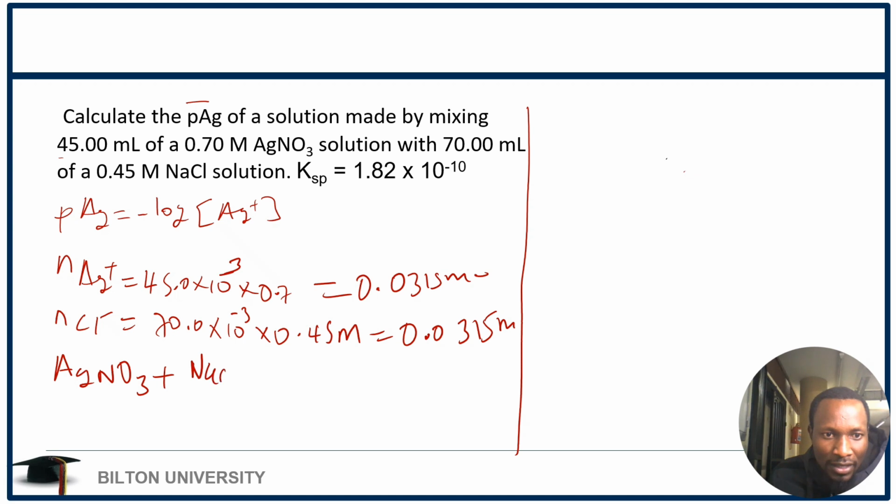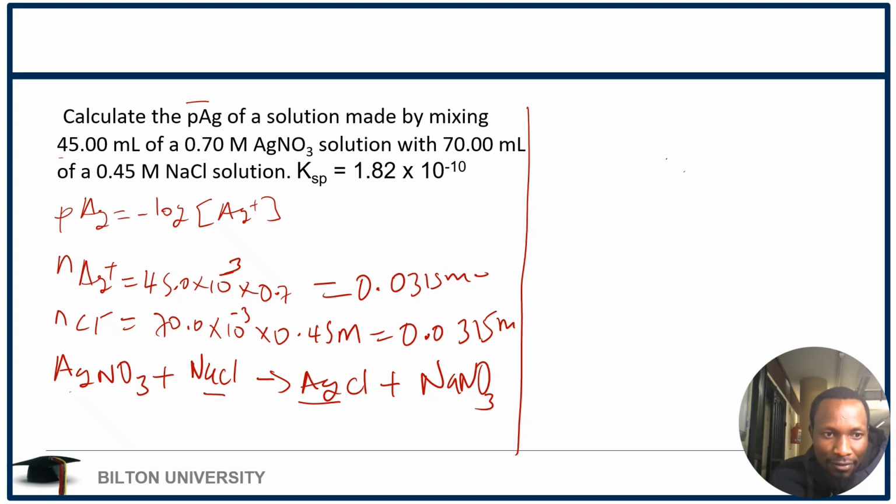So in this case, if we were to write this reaction, we have silver nitrate reacting with sodium chloride, and this is going to give us silver chloride, which is a precipitate, plus sodium nitrate. So you see the ratio of silver chloride to sodium chloride is 1:1, and the ratio of silver nitrate to silver chloride is 1:1.